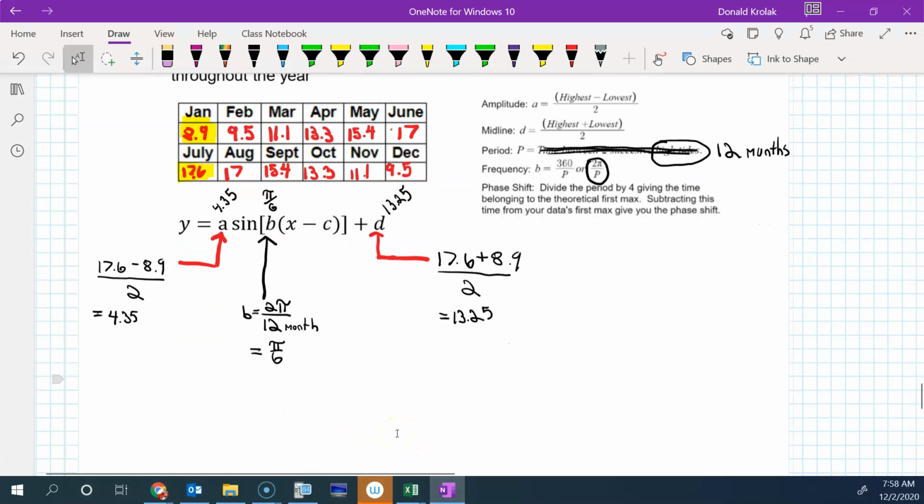Now all we need is the phase shift. Okay, so to get the phase shift, divide the period by 4.